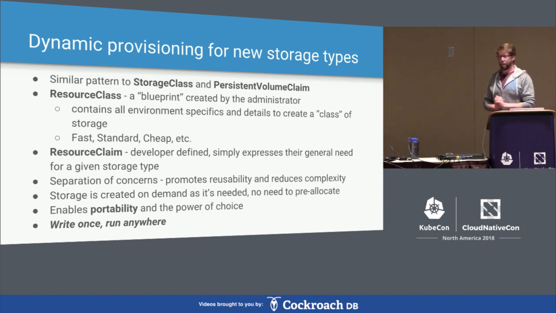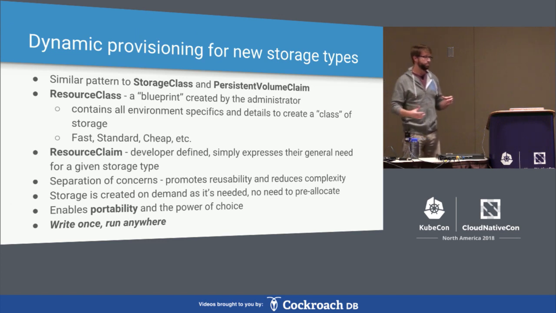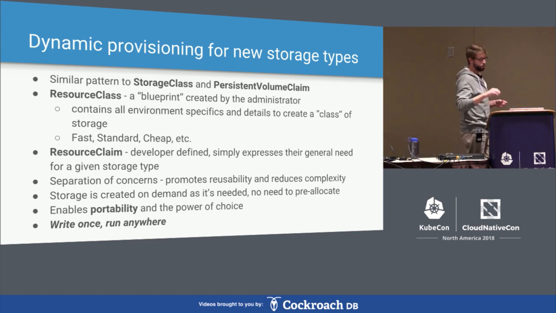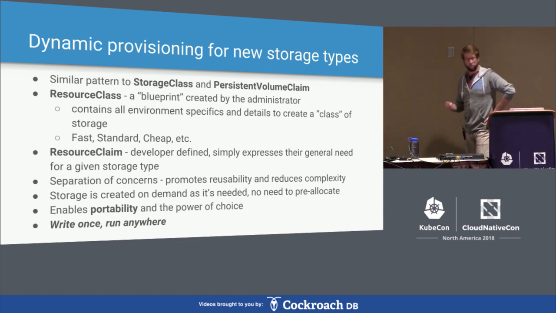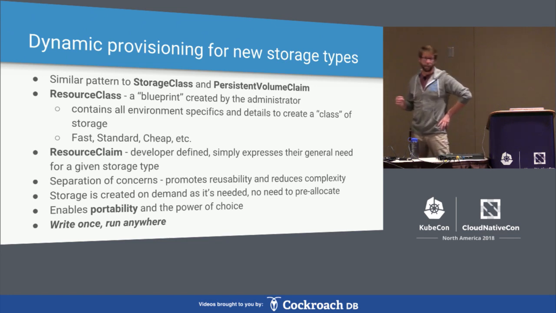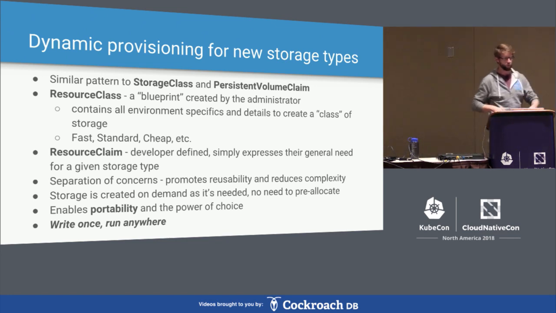And so they came up with this abstraction, this concept of storage classes and persistent volume claims. Now I'm going to posit here that this pattern is incredibly useful for other types of storage as well, not just volumes. So this can be generalized to abstract types of resources. We have here in the Crossplane project what we call resource classes and resource claims, very similar to storage classes and persistent volume claims.